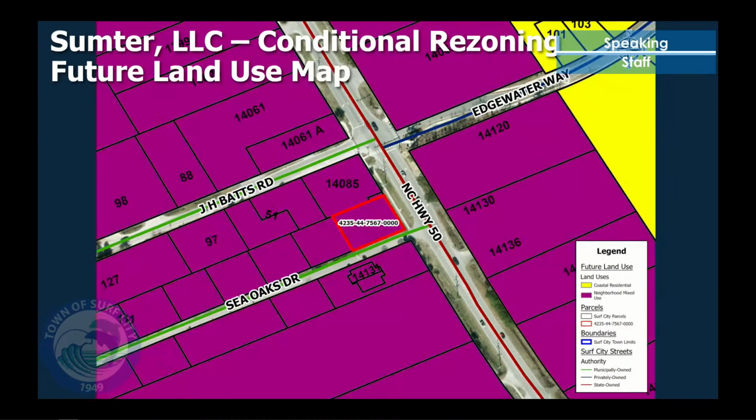For you on the screen and in your items is the future land use map. The proposed use of this conditional zoning is a mixed use structure. It would have a first floor of office and retail only, and the second and third floors would be 3 residential units.